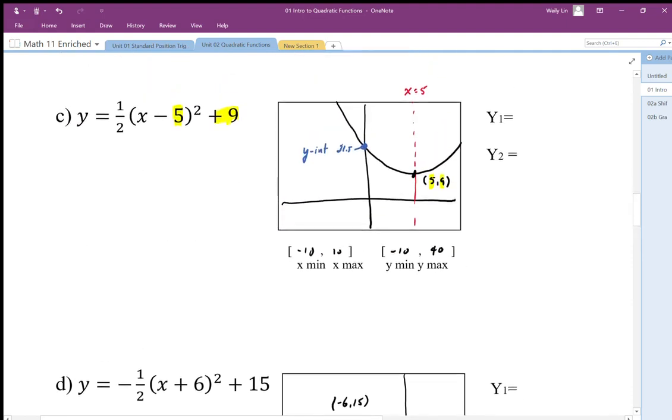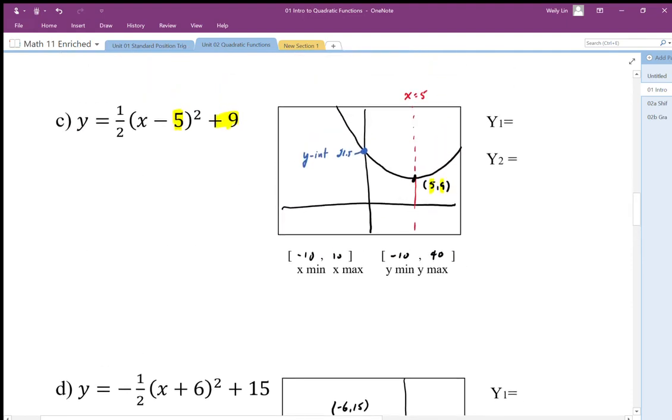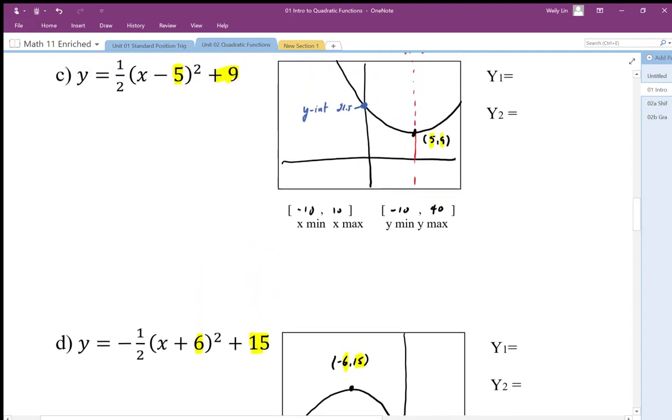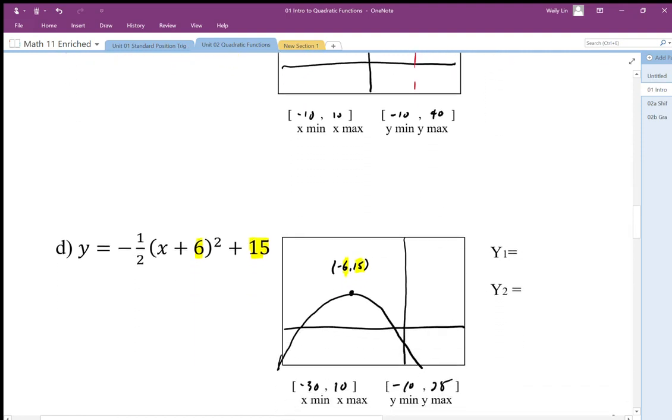And we noticed in the previous one that these numbers here seem to have something to do with the vertex. In fact, that's the same here. This number and this number seem to have something to do with the vertex. Now the sign seems to be a little bit off, but that was the same problem we had here, and maybe we can just account for that and say that's the opposite.